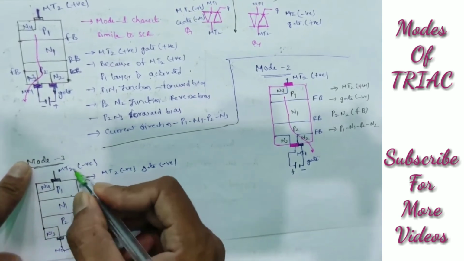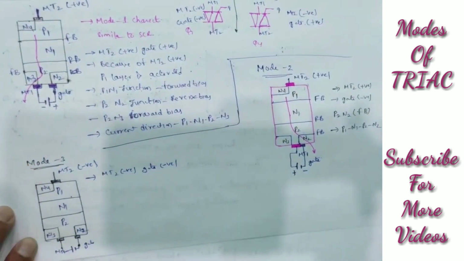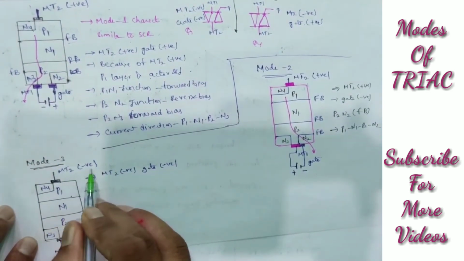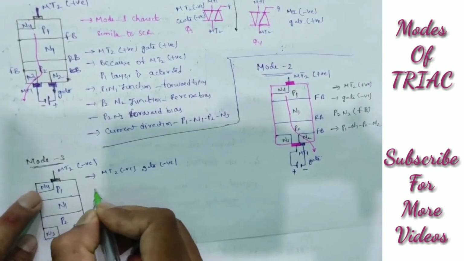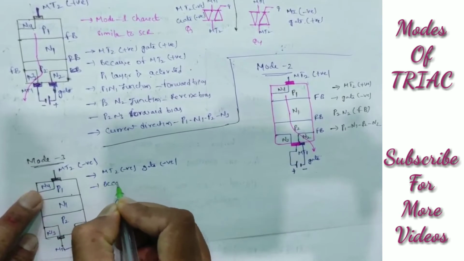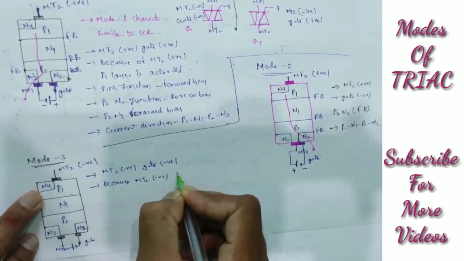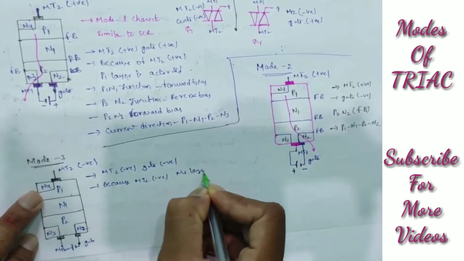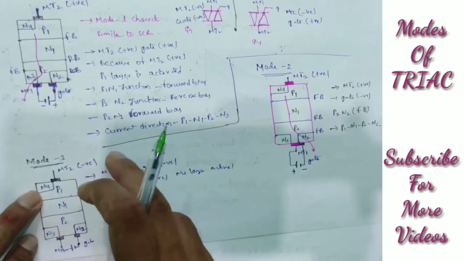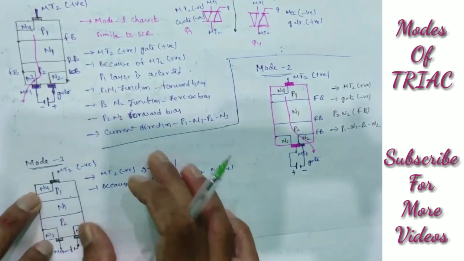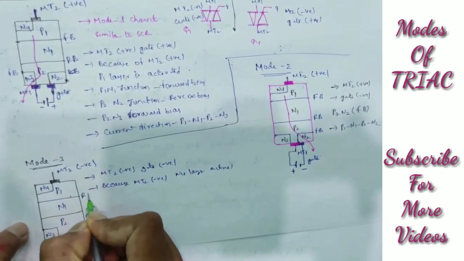That is, here we have to see MT2 is negative. Because MT2 is negative, the N4 layer is activated here. So that's why the current direction is reversed.